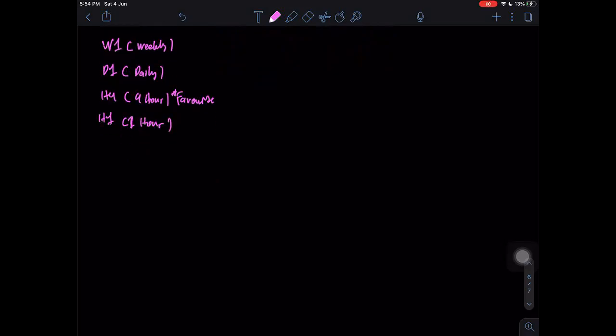And then we skip all the way to M5 and M15. This one is used for logic.